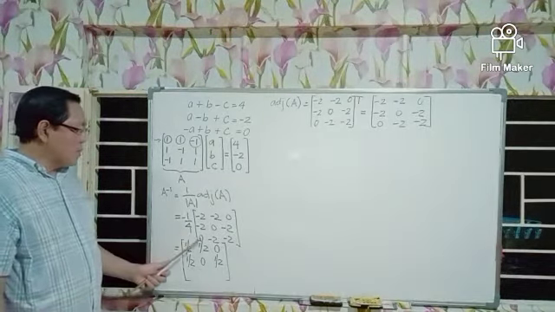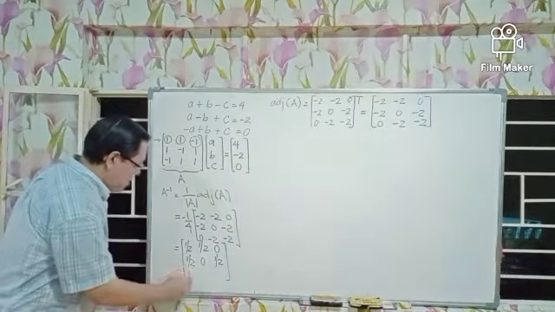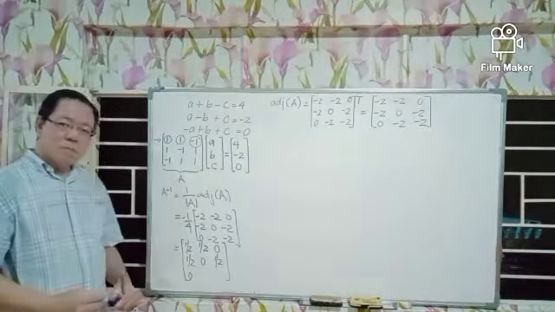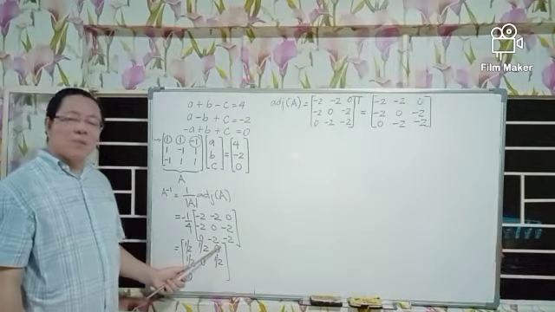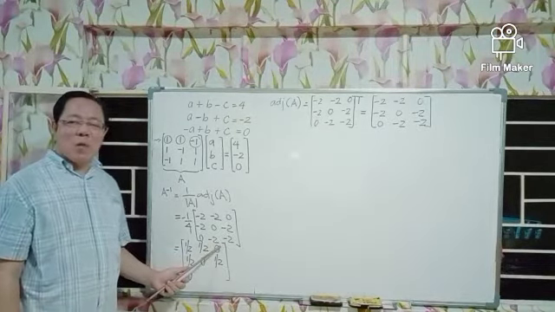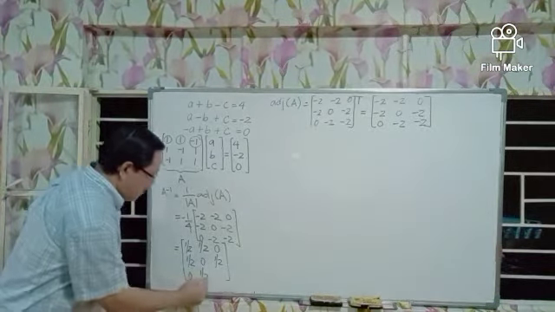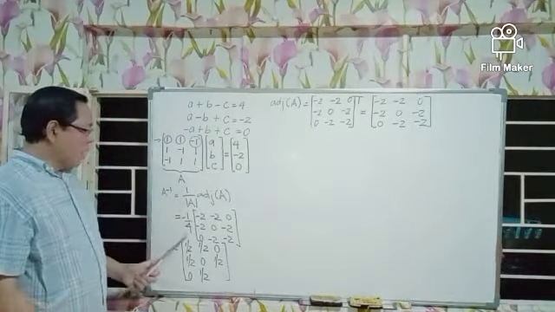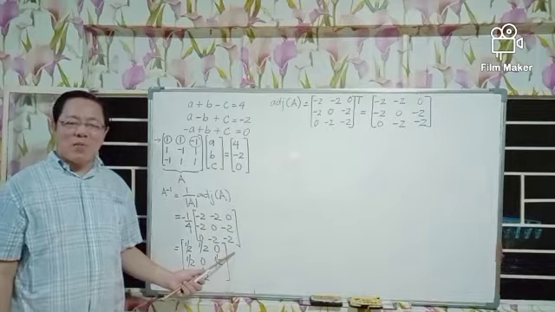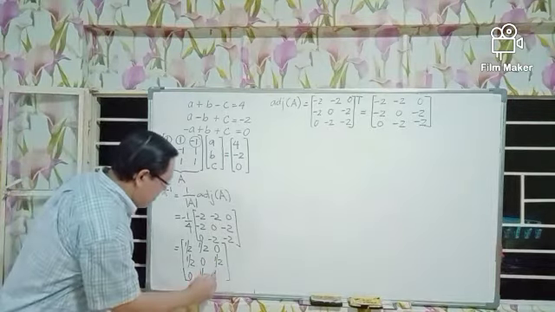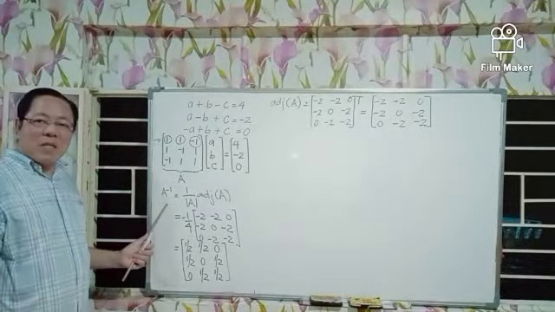Then in the last row, negative 1/4 multiplied by 0 is 0, and negative 1/4 multiplied by negative 2 is positive 2 over 4, in lowest terms 1/2, twice. And this is the inverse of matrix A.